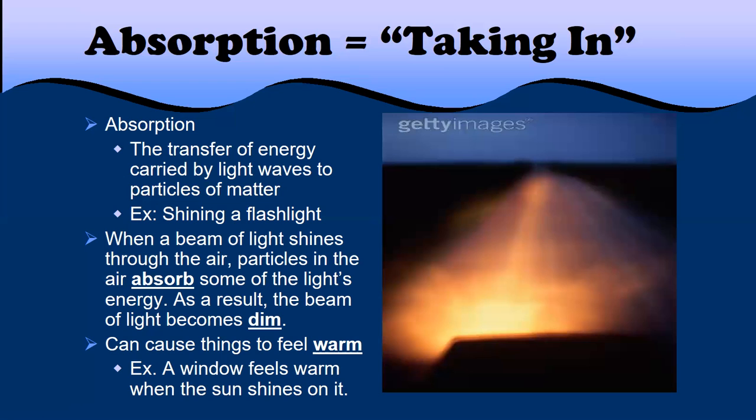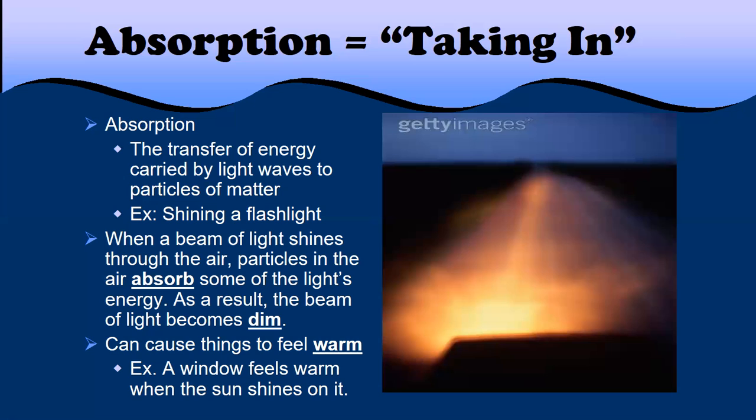Okay, so absorption is the most common behavior of light, I would say, because if you shine a light on anything, it absorbs all the other colors except for the color you see. So when a beam of light shines through the air, particles in the air absorb some of the light's energy.